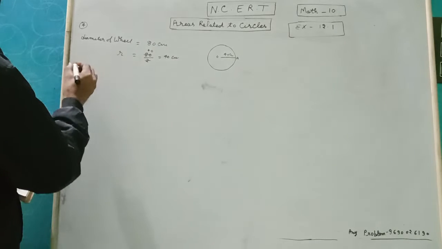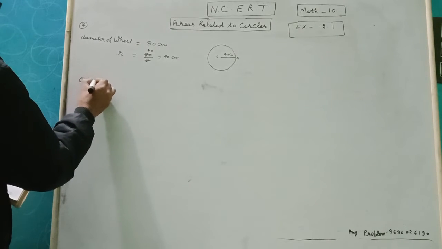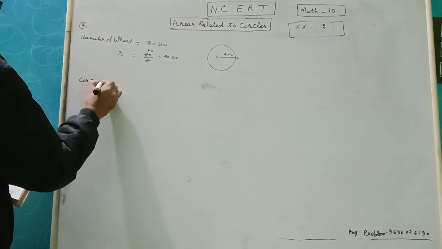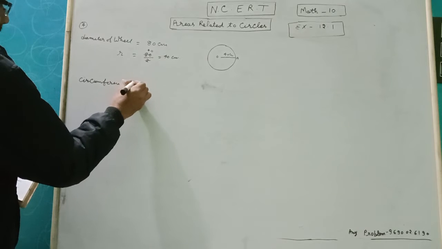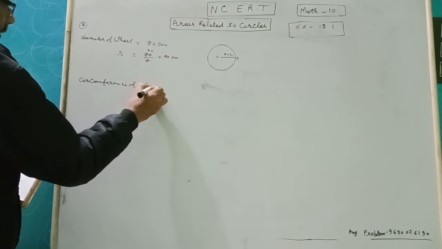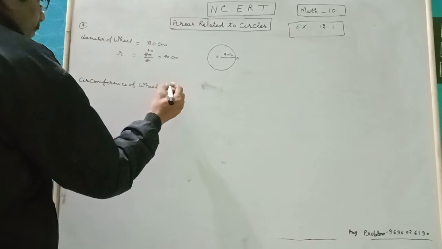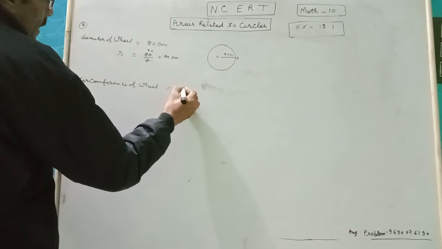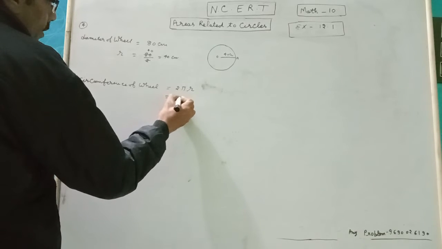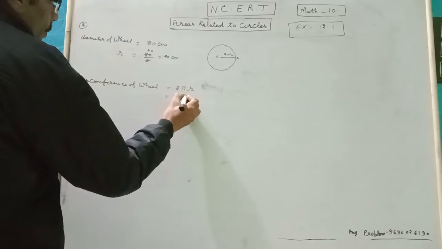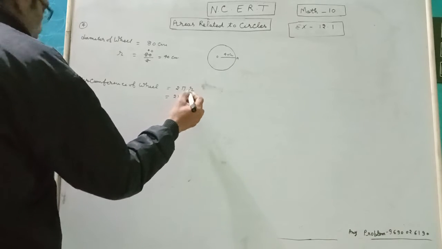Circumference of the wheel means the circumference of the circle. 2 pi r is the formula: 2 into 22 upon 7, and the r value is 40.